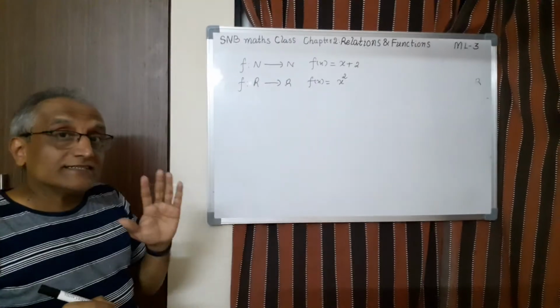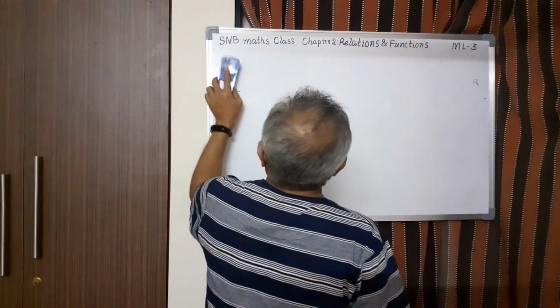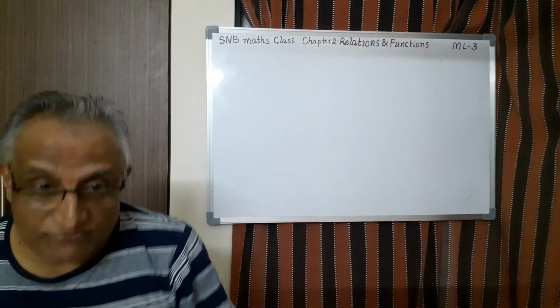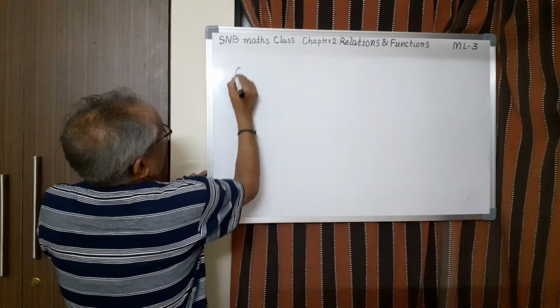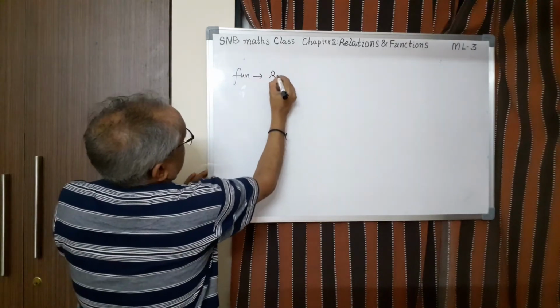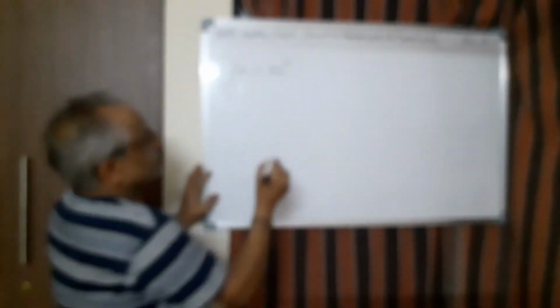So this is the distinction. And in this chapter we are going to study different types of real functions. That is the next topic. Now let me conclude what we have done, because this is the first time you are coming across the concept of function. First, function is a special type of relation satisfying two conditions.